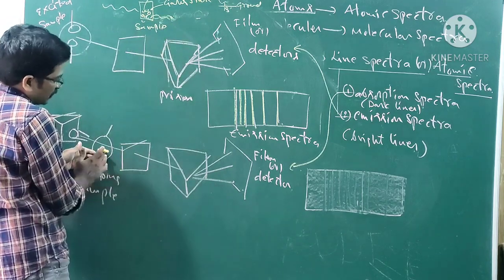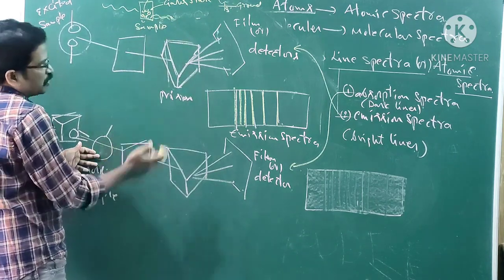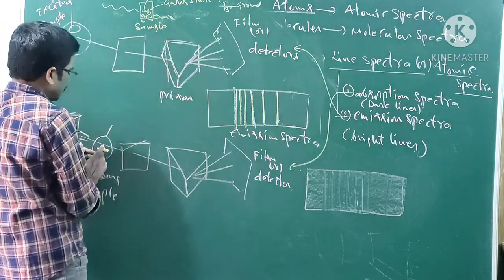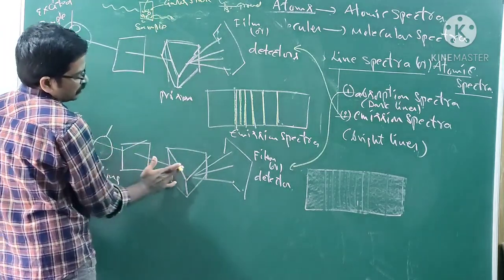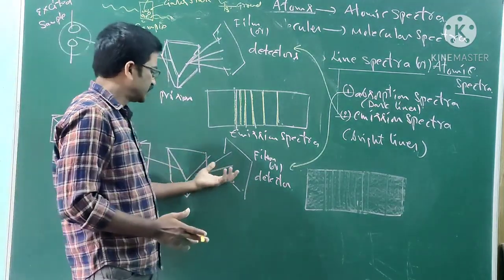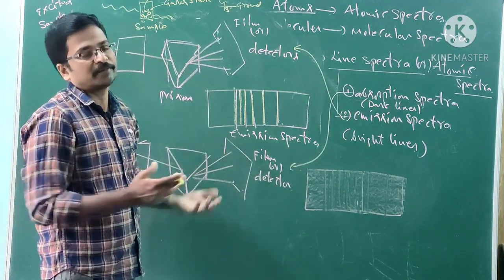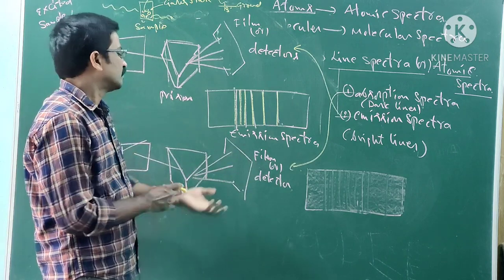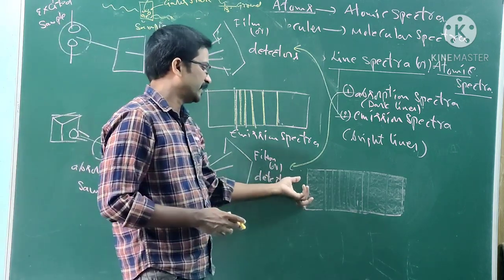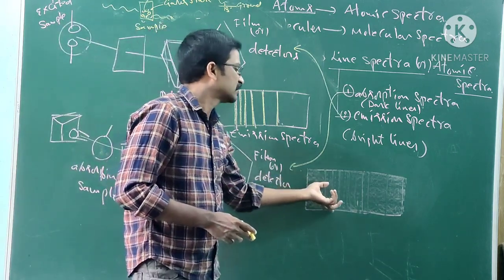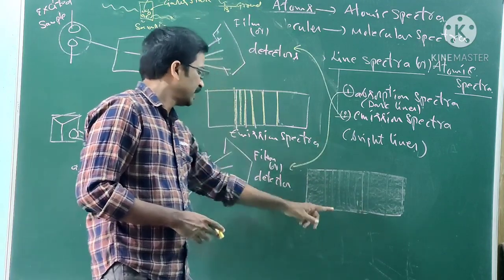After energy is absorbed by the atoms, the remaining energy comes out like this, which is detected. From this electromagnetic radiation we get this spectra, which contains dark lines.